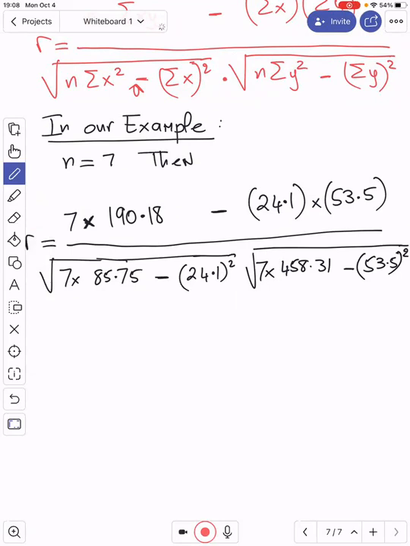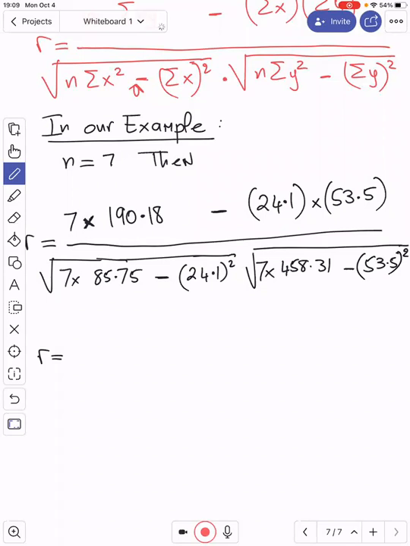Okay, all right, guys. As you can see, the formula of this R takes time to compute. So of course, you start with the top. In this R, first you have 7 times 190.18.